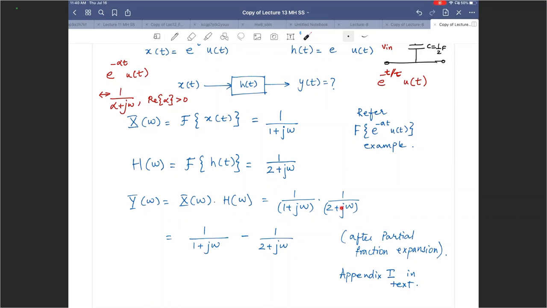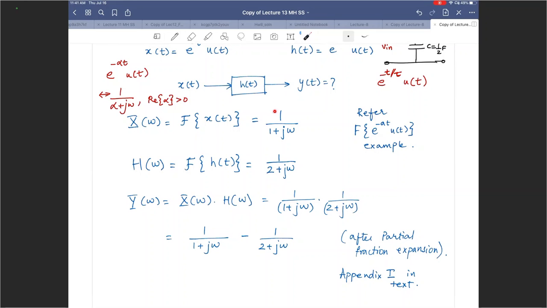Once you multiply, you need to use partial fractions expansion to separate them out into two known transform pairs. More about standard partial fraction expansions later in the class. Right now, just assume that I've done this right. So I've multiplied them and did a partial fraction expansion on that.